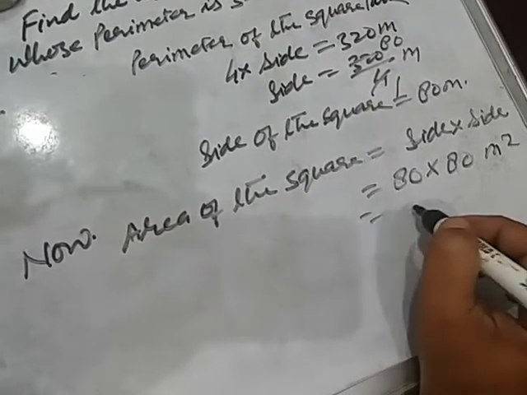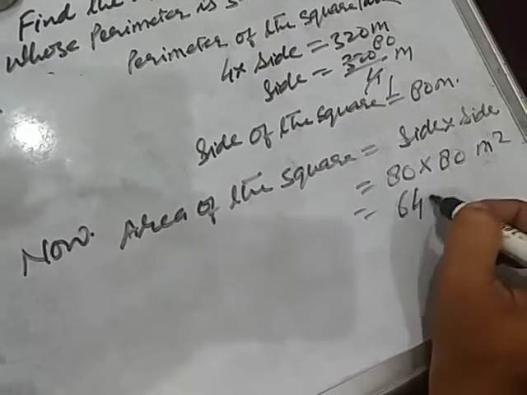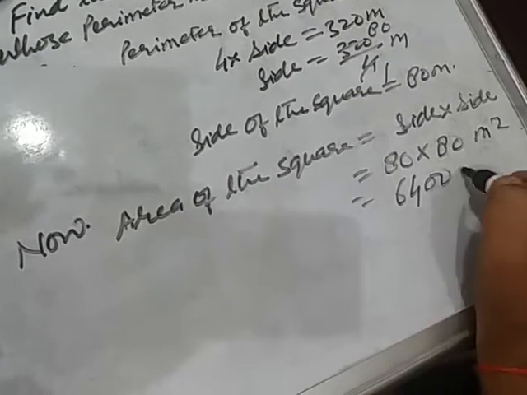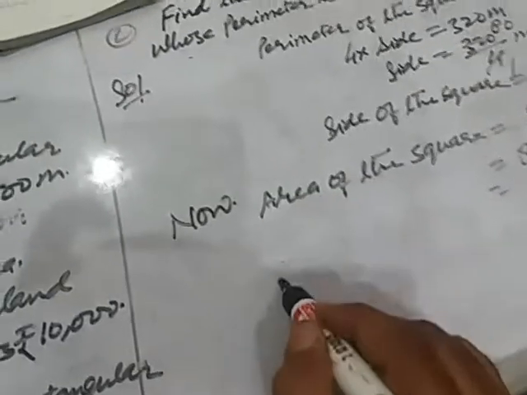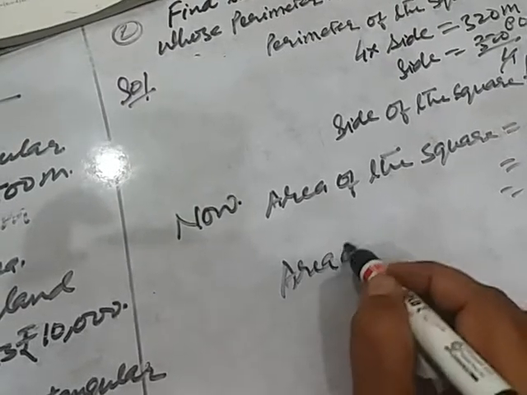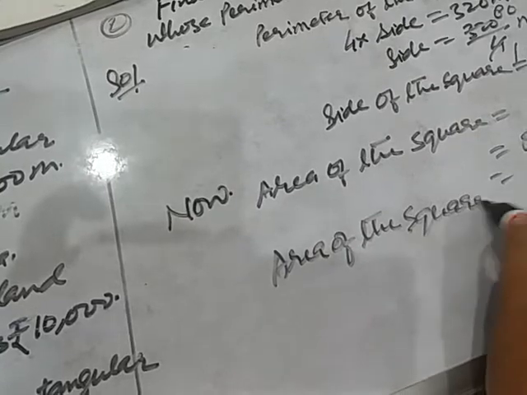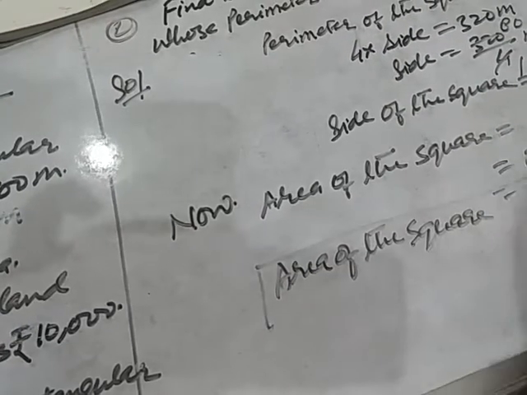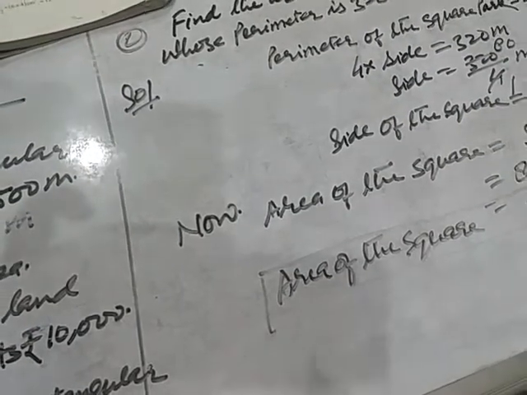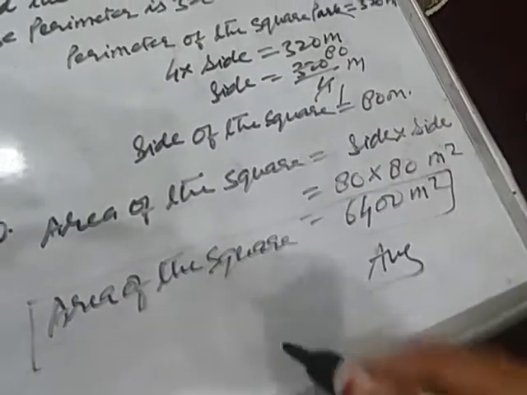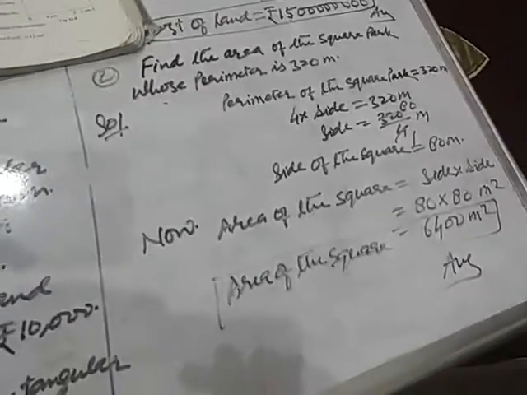It is equal to 8 8s are 64 and 2 zeros, that is 6400 square meter. Area of the square equal to 6400 square meter. Okay children, this is your answer. You can now note it down.